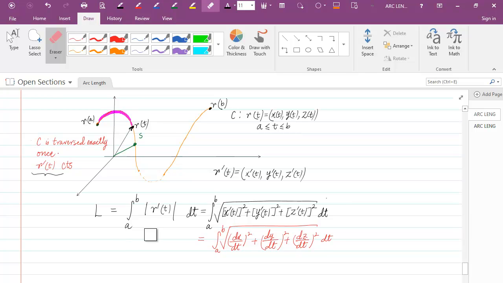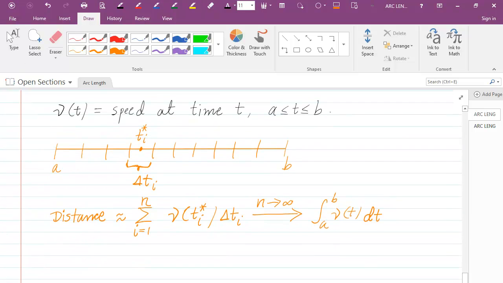Now let me recall why integrating the speed function from a to b gives us the distance traveled from a to b. To see that, let's say that v of t is the speed at time t, where t is between a and b.